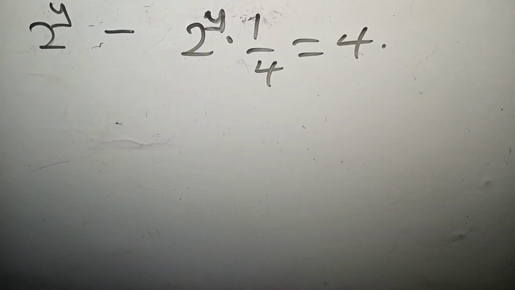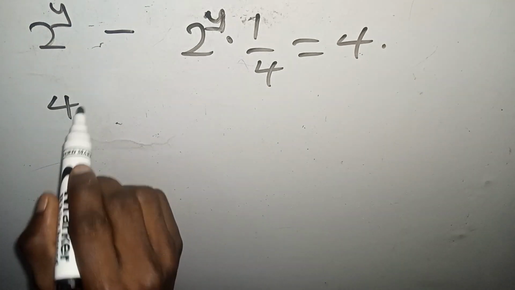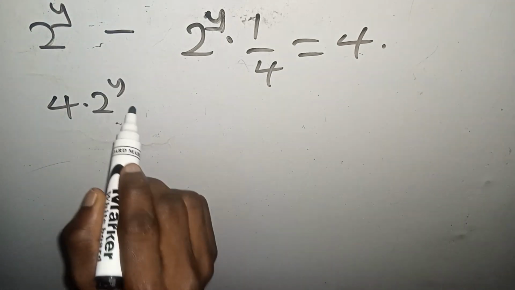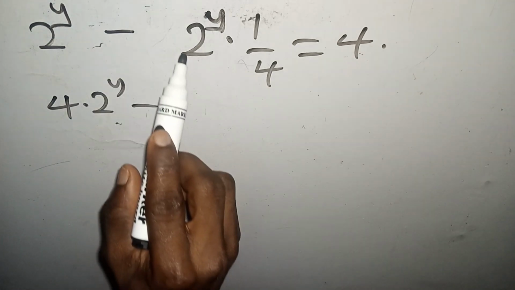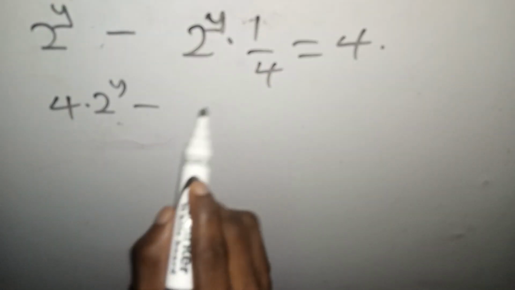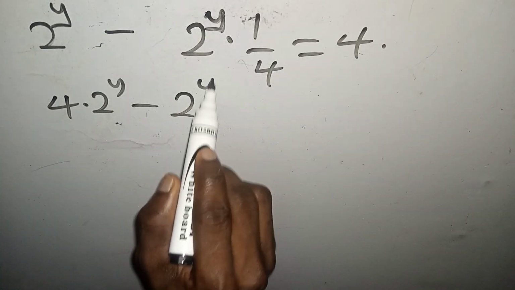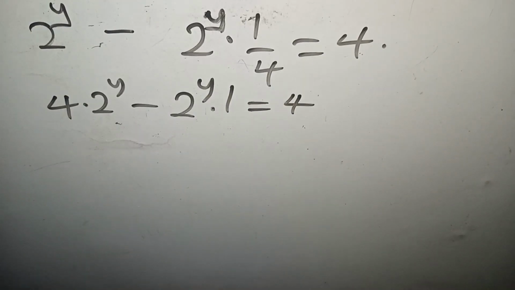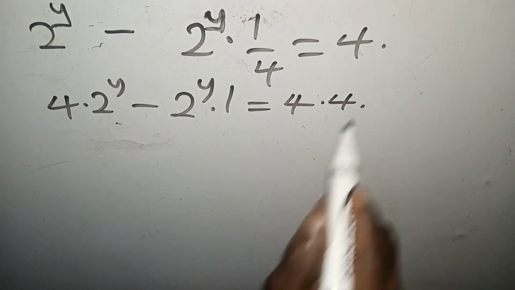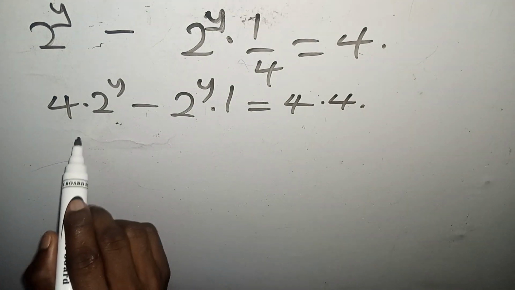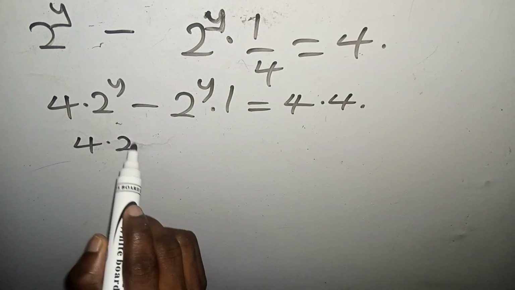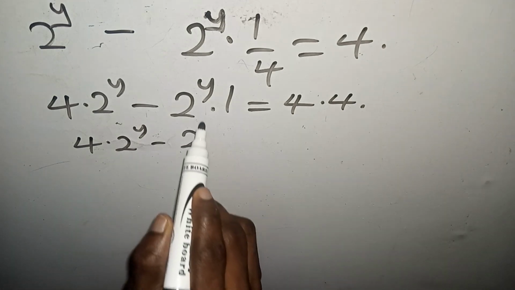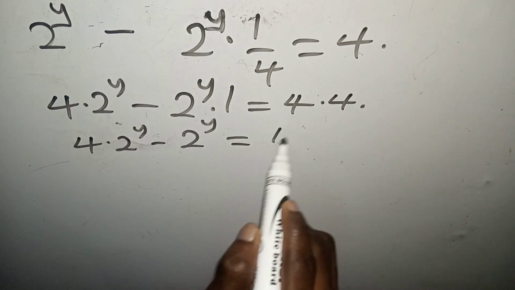So if we multiply both sides by 4, we have 4 multiplied with 2 to the power of y minus, and if we multiply here with 4, this 4 will cancel this, so we are left with 2 to the power of y times 1 is equal to 4 times 4. Okay, so we are going to have 4 times 2 to the power of y minus 2 to the power of y is equal to 16.